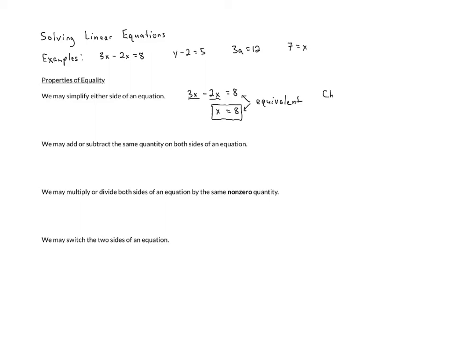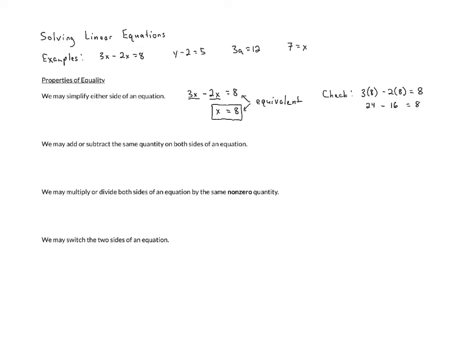We can check this, if we want, by substituting 8 into the original equation and seeing if we get a true equation. Let's do that here. We've got 3 times 8 minus 2 times 8 equals 8. Now on the left-hand side, we can do these multiplications. 3 times 8 is 24, minus 2 times 8 is 16.